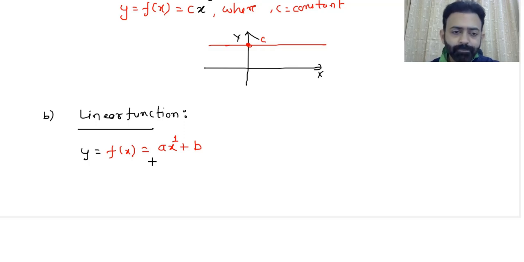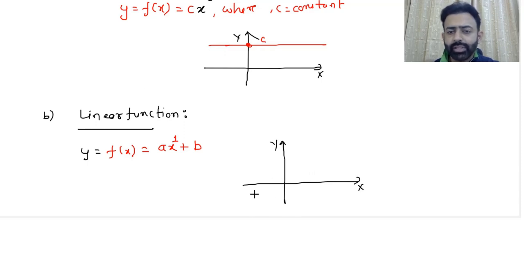If you look at the graph of this function, it will be just a straight line. Again, this is your x-axis, this is your y-axis, so it will be like this, if you consider the slope and all to be positive.